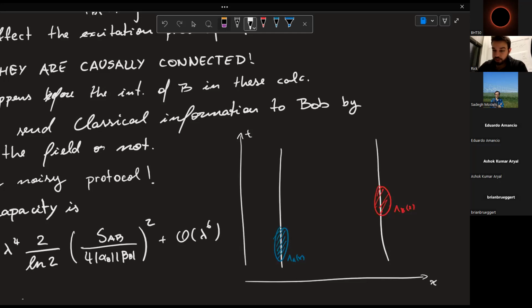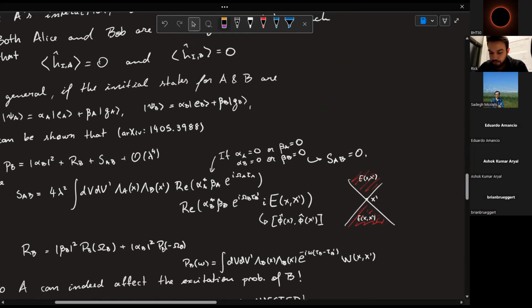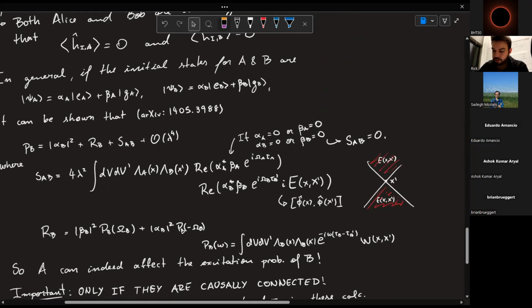Now, the calculation that we got was that the effect of A on B is this SAB, right? This is SAB, which is calculated up here. Now, what really matters for me is not the actual expression, the alpha A's, the beta B's, whatever.